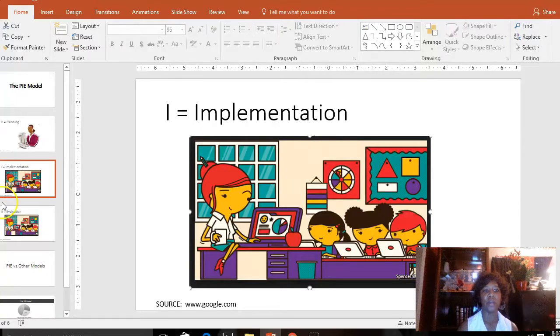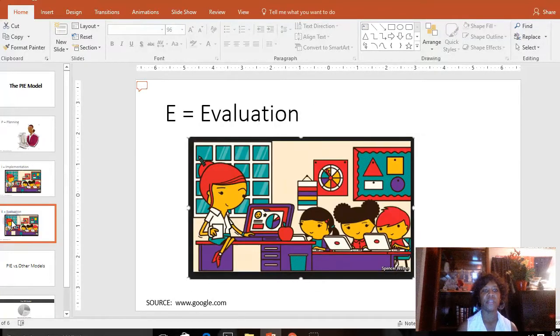Okay, so now we're going to move on and we're going to look at the third acronym for the PI model. And that third acronym is evaluation. So the teacher now is still there with the students, and she's evaluating the technology that was implemented, trying to get some feedback from the students as to whether or not this is going over very well, how they're reacting, is it good, is it bad, what improvements need to be made, things like that.